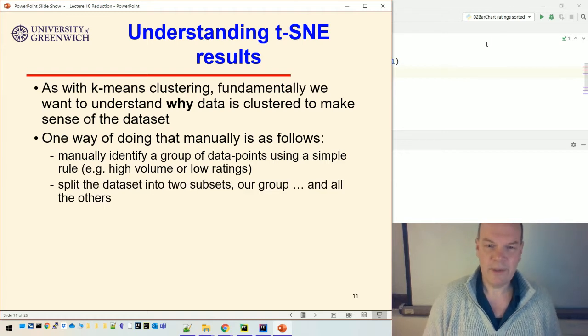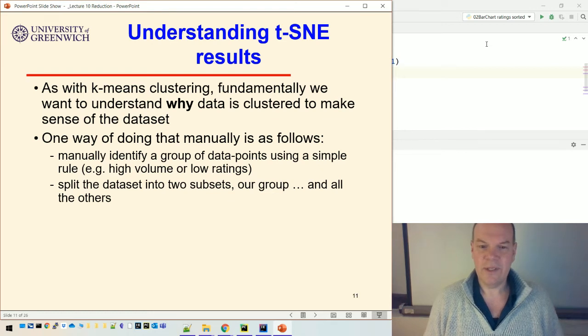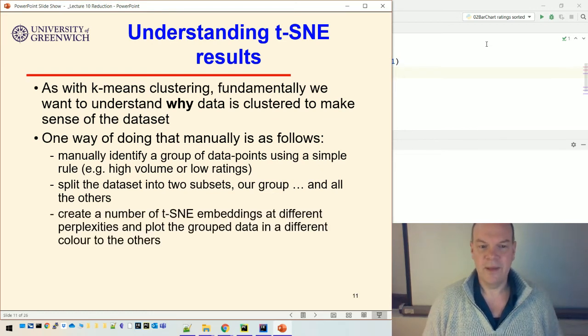So having identified a group of data points like that, we'll split the data set into 2 subsets, our group that we've selected and all the others. And then we create a number of different tSNE embeddings using different perplexities and plot the group data in a different color to all the others.